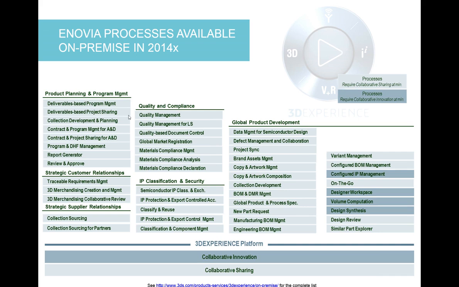Some of these are industry specific, like contract and program management for aerospace and defense, and collection development and planning for apparel and fashion, while others, like review and approve and deliverables-based program management, are really industry agnostic. Go into the Dassault Systems homepage, 3ds.com, product services, 3D experience on-premise to get the complete list of the products and processes, and also click in and understand more about the business problems they solve for you.